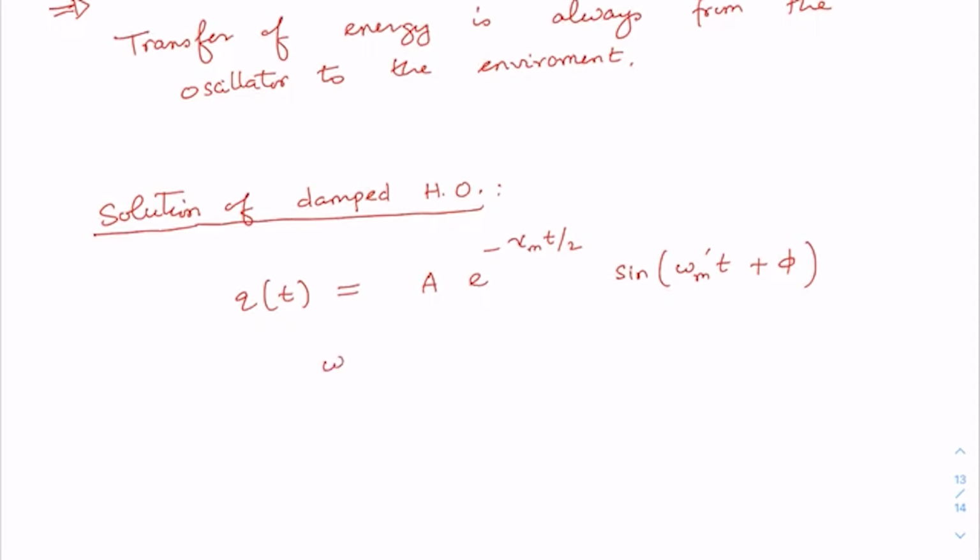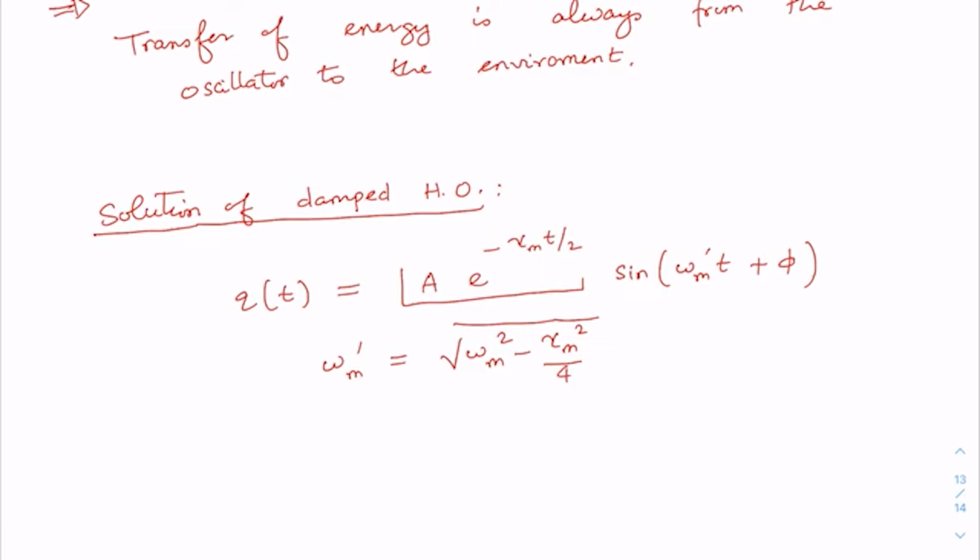Omega m dash is the shifted frequency because of dissipation, omega m dash equals the square root of omega m square minus gamma m square by 4. By this you see the amplitude of the oscillator is decreasing as time goes on. So this solution says that for any initial conditions the displacement of the oscillator eventually decays to zero.